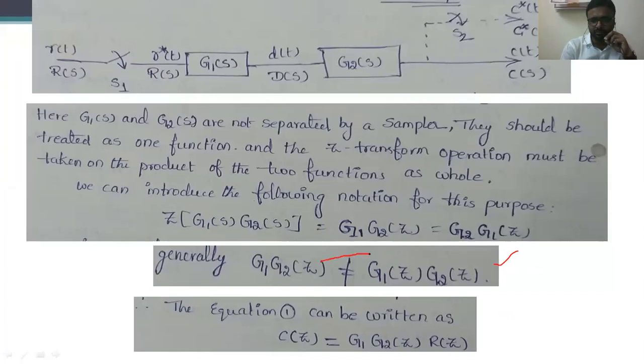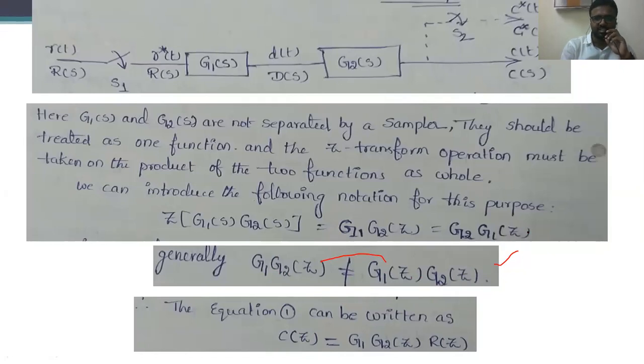These two are going to be seen as similar, but these two are different. Okay, so generally G1 G2 of Z is not equal to G1 of Z into G2 of Z.